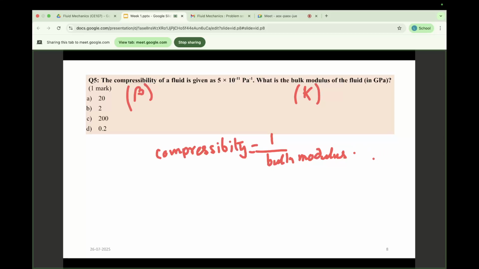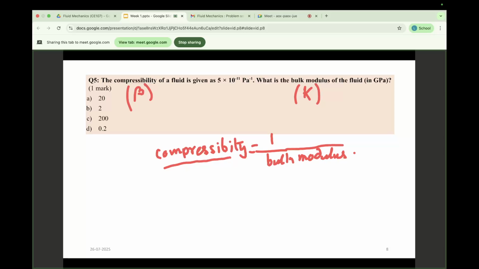Bulk modulus represents the resistance of a fluid to compression. As I said, compressibility is the measure of how easily a fluid volume changes under pressure, and bulk modulus represents the resistance.